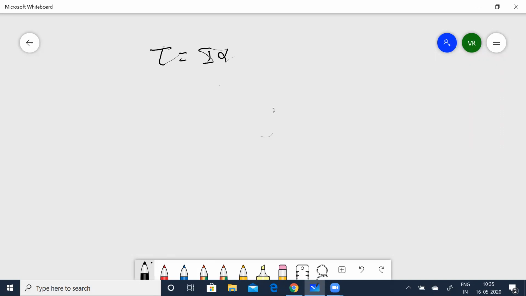We need to calculate I here. So I is equal to tau by alpha. Now we know tau, we know alpha. So I is equal to 20 divided by 4, which is equal to 5 kilograms meters square.